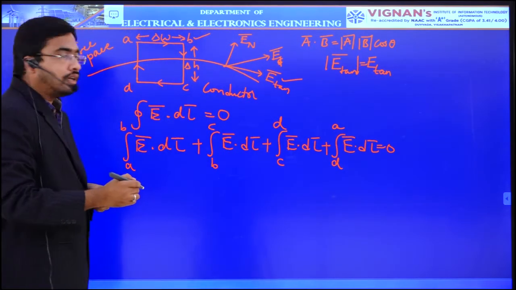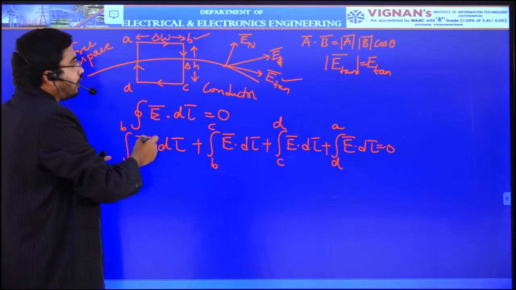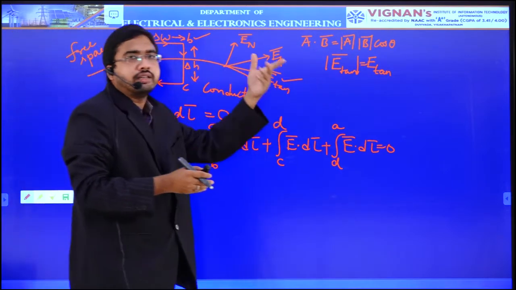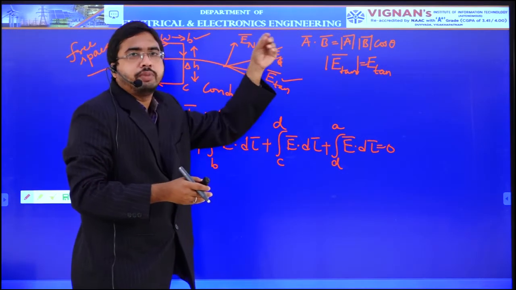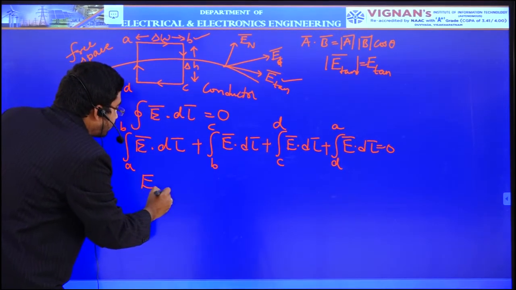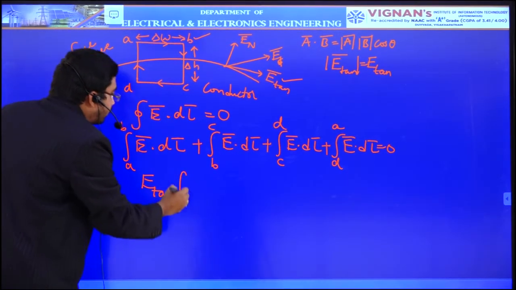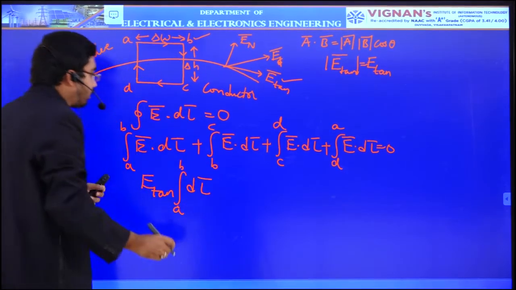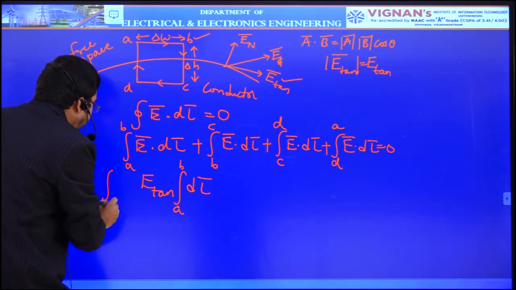Okay, E tan. So here, what is the angle between this delta W and E tan? That is 0. So cos 0 is simply 1. So you can separate it as E tan, integral A to B dl bar.